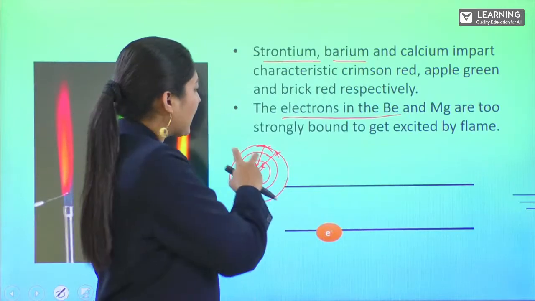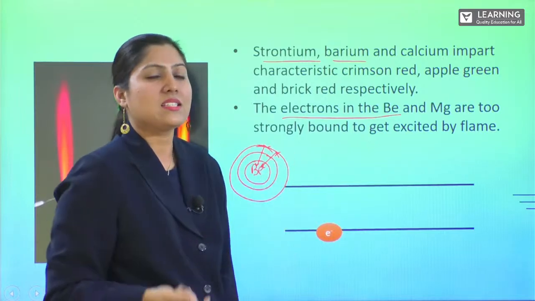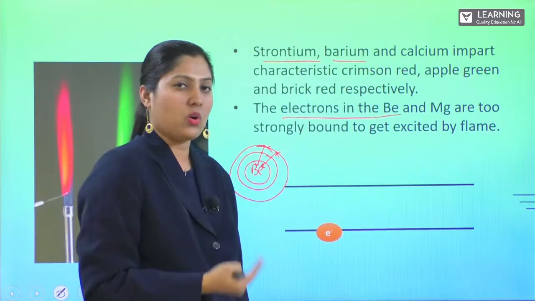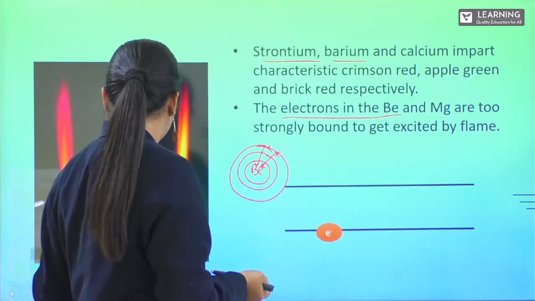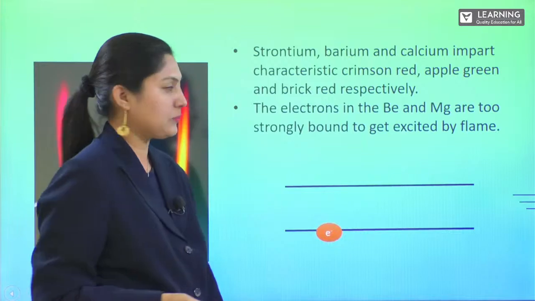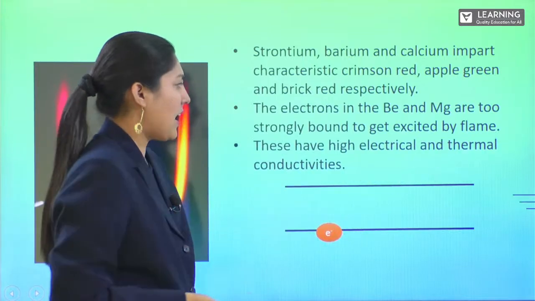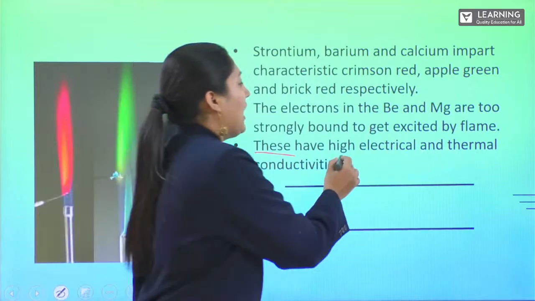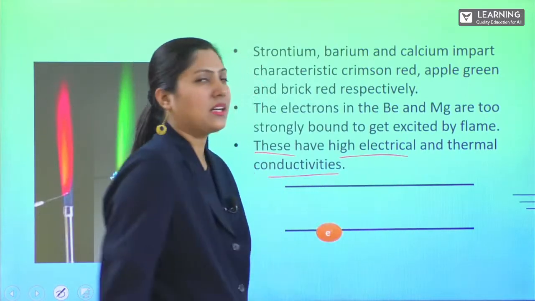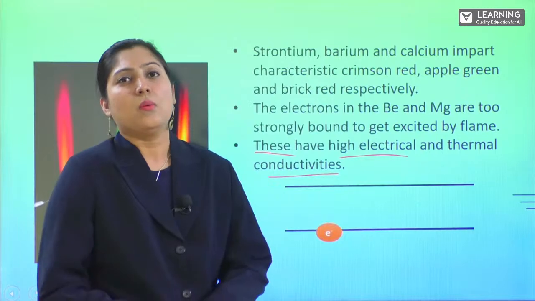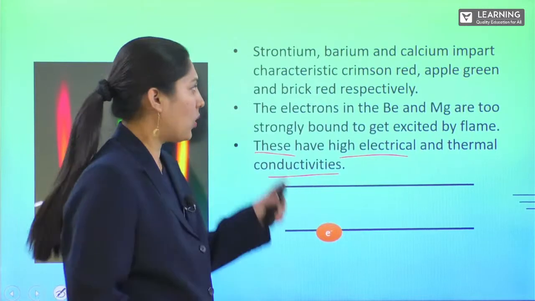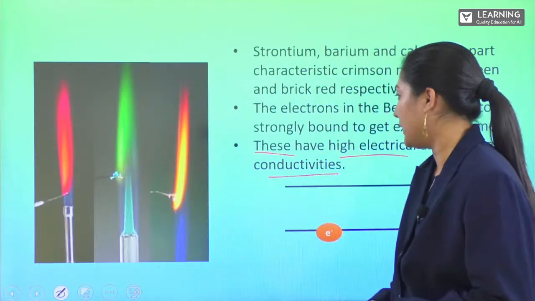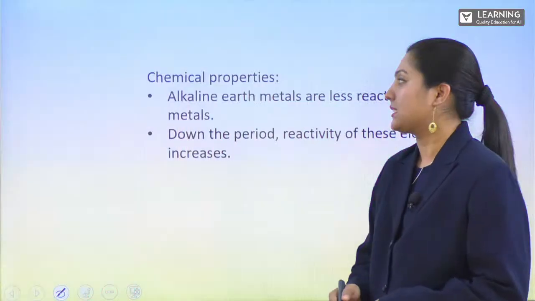So they cannot be easily removed, and hence they will not impart any characteristic flame or color when subjected to a flame. Alkaline earth metals have high electrical and thermal conductivity, which gives you the property of metals. As all these are metals, they show conductivity.